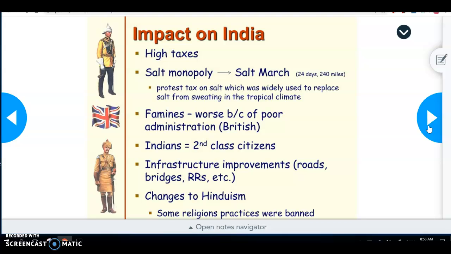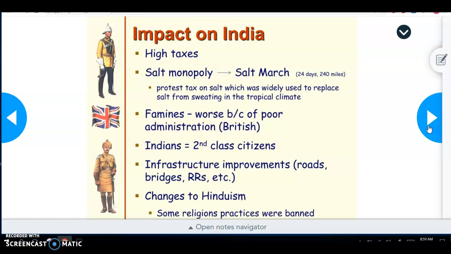And then if you were an Indian or a South Asian, you were considered a second class citizen. So you didn't have the same rights. You were not treated the same as somebody that was there from England. A positive is that they helped to build infrastructure. So they helped improve roads, improve buildings, improve bridges, build a railroad network, start building cities.